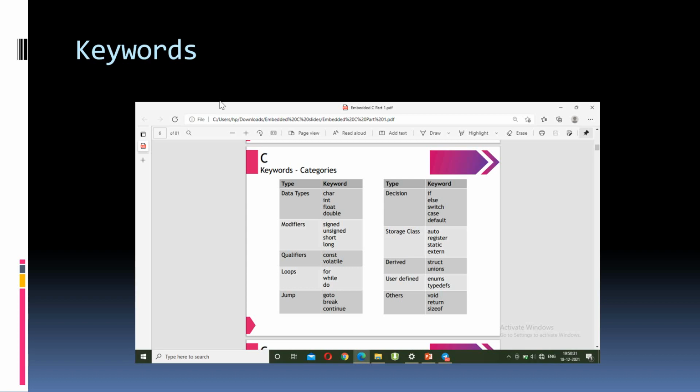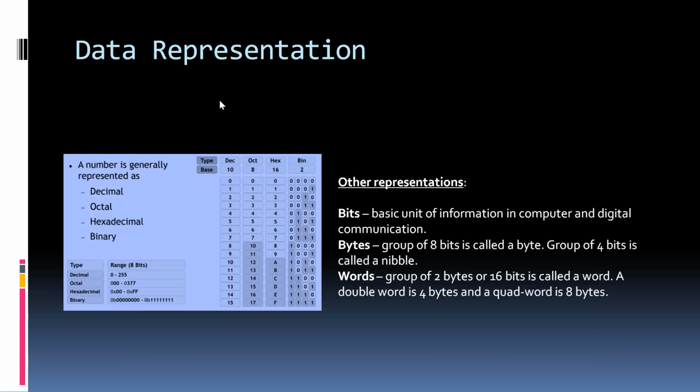These all are keywords. How we represent data: basically we represent data in decimal, octal, hexadecimal, binary. The base of octal is 8, the base of decimal is 10, hexadecimal 16, binary 2.